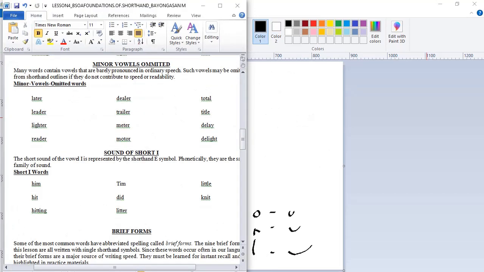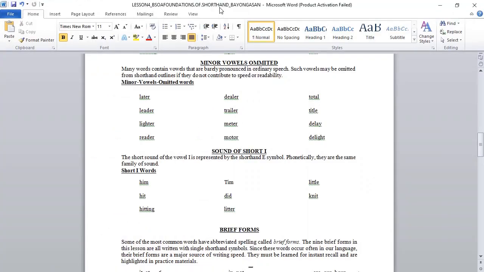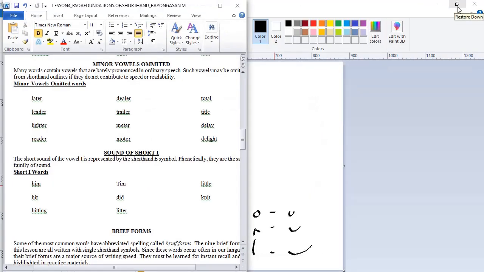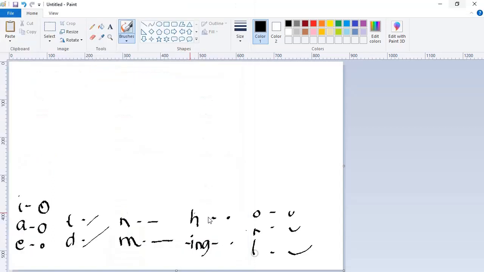Kung makikita ninyo dyan, sabi dito sa inyong module, the sound of the vowel I is represented by the shorthand E symbol. Phonetically, they are the same family of sounds. So, kung maalala ninyo, you write what you hear. Now, the letter E here, which is represented by this one, the small circle.